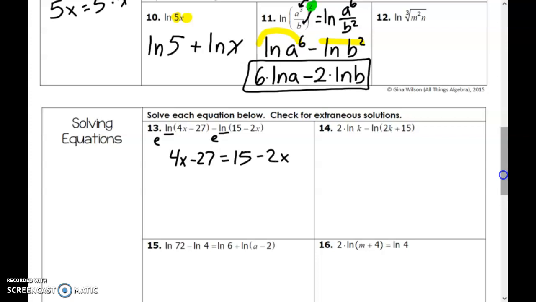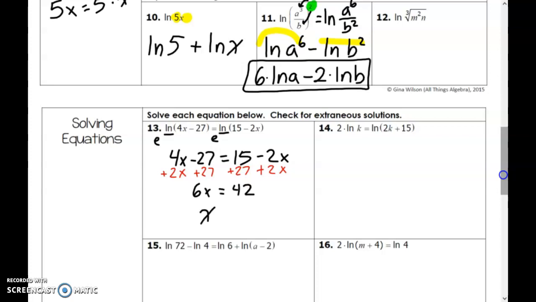Let's add 2x to both sides. Add 2x here. And since our variables are on the left side, let's add 27 here and here. Getting rid of those. We'll have 6x is 42.